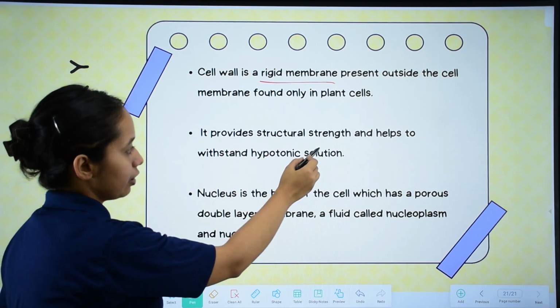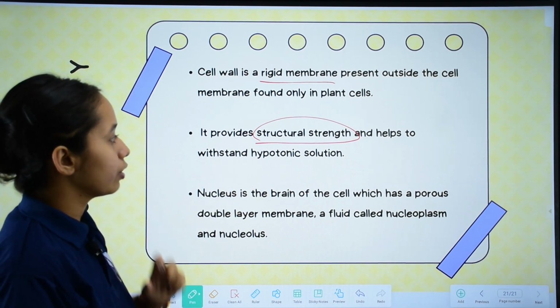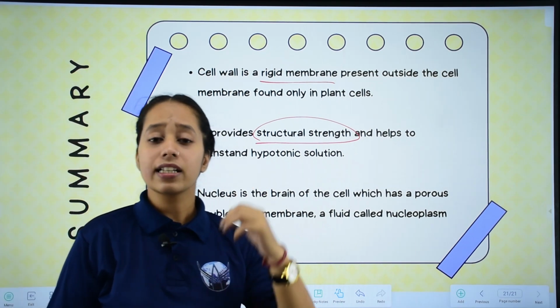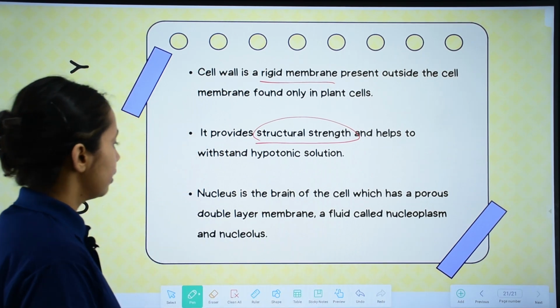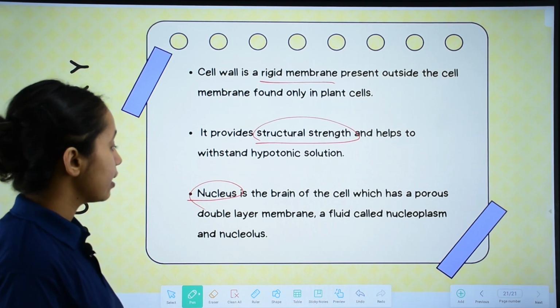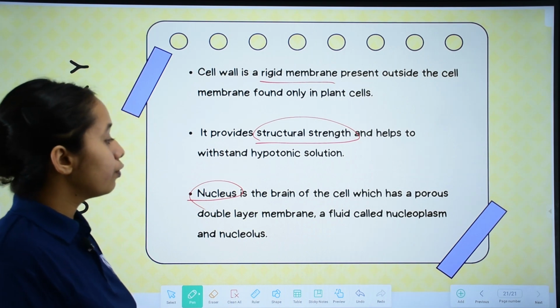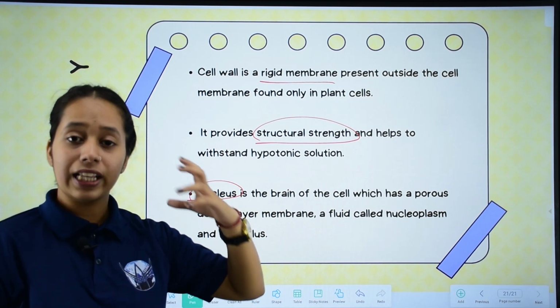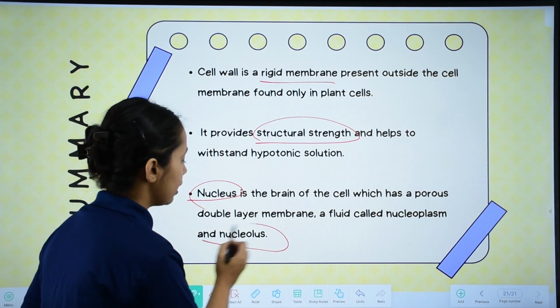It provides structural strength and helps withstand hypotonic solution. Why structural strength? Because plants are immobile and need protection from danger. Then we studied that the nucleus is the brain of the cell, which has a porous double layer membrane, also known as the nuclear envelope, a fluid called nucleoplasm where we have chromatin material, and a nucleolus, the brain of the nucleus.